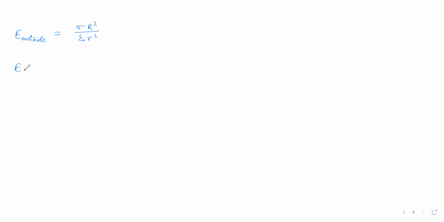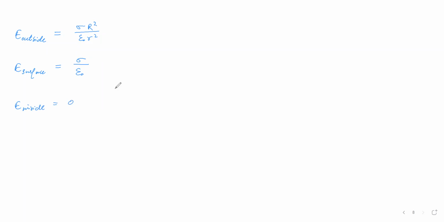The second one, E at the surface, we have calculated sigma over epsilon naught. And the third value of electric field, which is E inside, is 0. Are you clear? What are you understanding here?